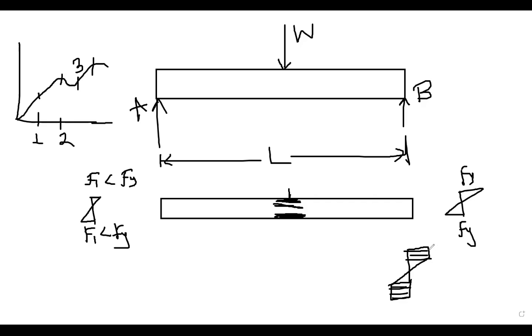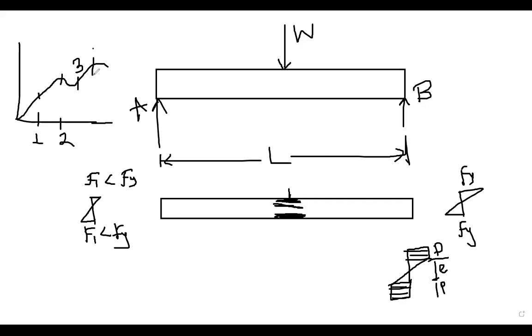This zone is called the plastic zone, this zone is called the elastic zone, and this zone is called the plastic zone. So this is called elastoplastic behavior. Some fibers are in a plastic state, some fibers in an elastic state. So it is called elastoplastic behavior at point 3. Again, the material has its own capacity to take the load.